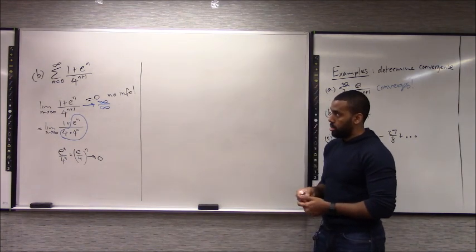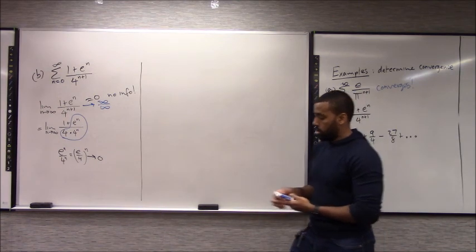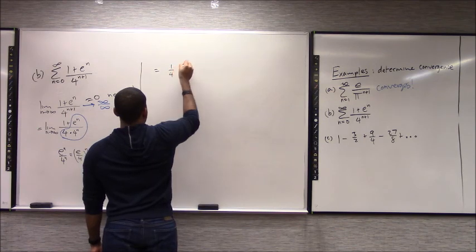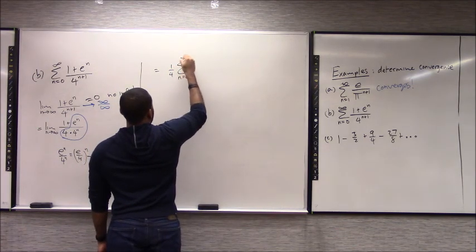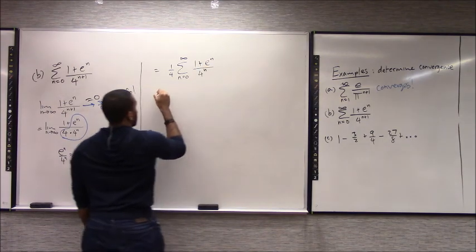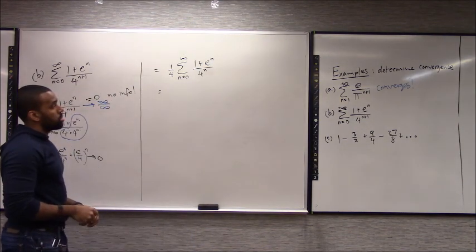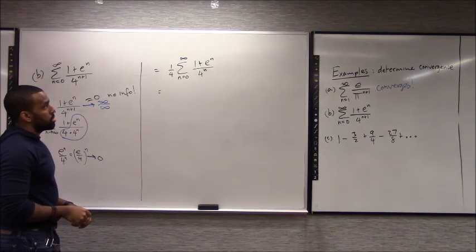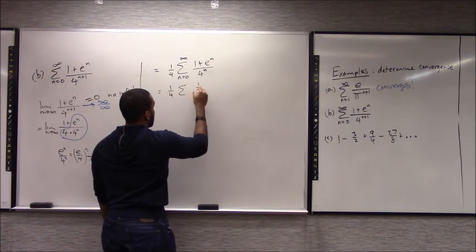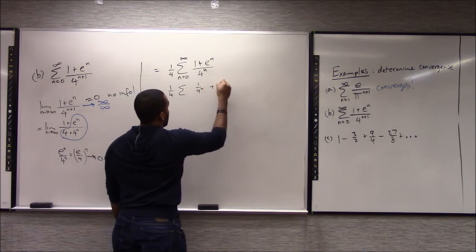Can we factor out a quarter, but then also split it? Okay, so we can take out a quarter. We'd have 1 plus e to the n over 4 to the n. Would it help to rewrite it as 1 over 4 to the n plus e to the n over 4 to the n? Because then you have e over 4 to the n, and then it looks like a times r to the n.